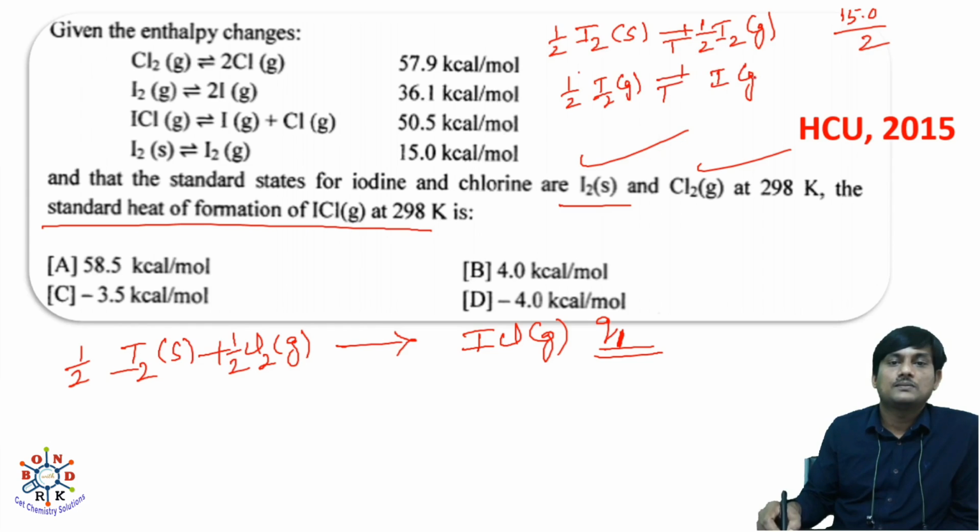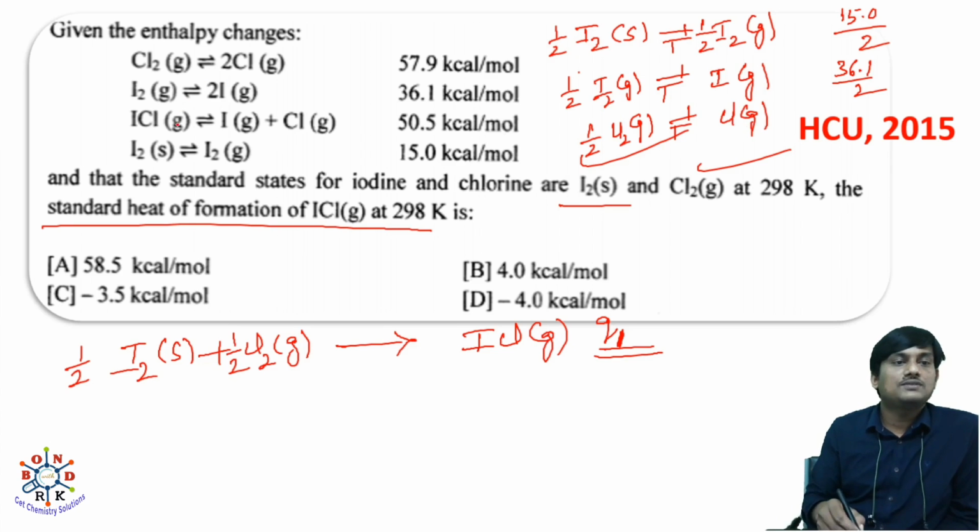What is the energy? 36.1, so simply you divide with 2. And the next one: let us take 1 by 2 Cl2 gas gives Cl gas. What is the energy which is involved? 57.9 by 2.